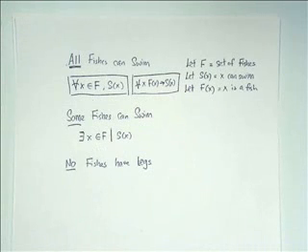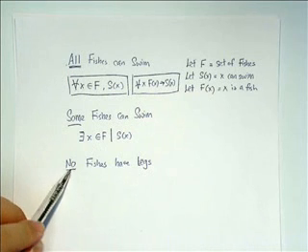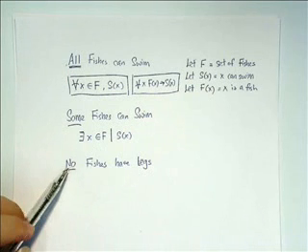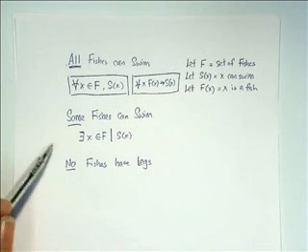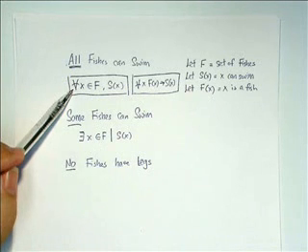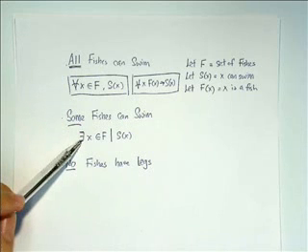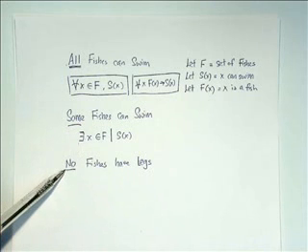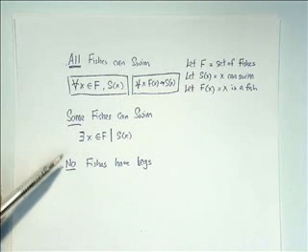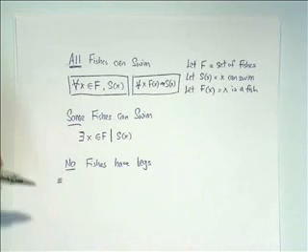The last type of statement that we want to do is the "no" type of statement: no fishes have legs. There's no symbol for "no". We have the universal quantifier, and we have the "there exists", which is the existential quantifier, but we do not have a quantifier for "no". So you have to translate this on your own into another form.